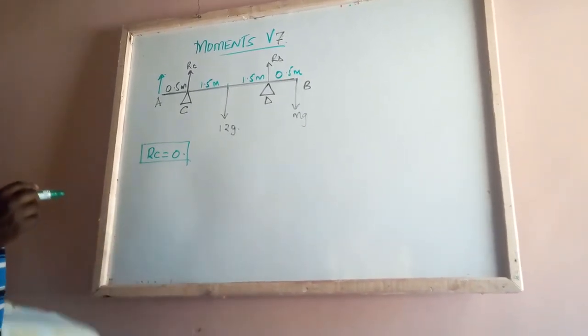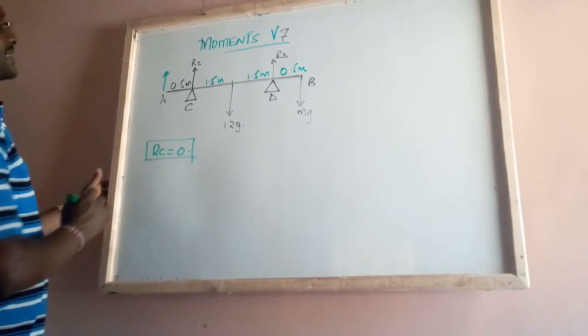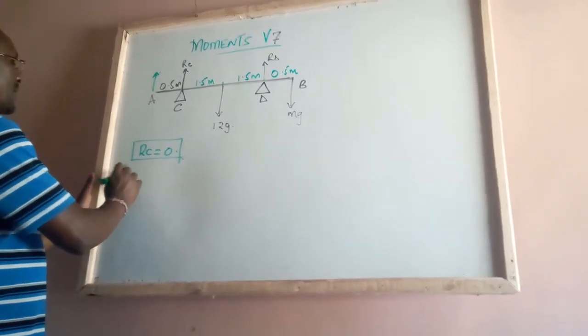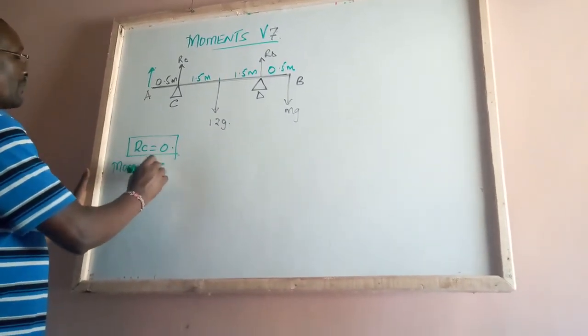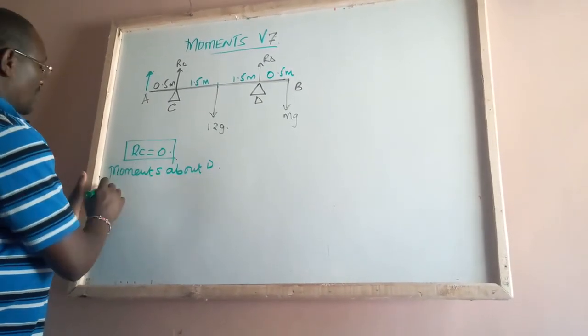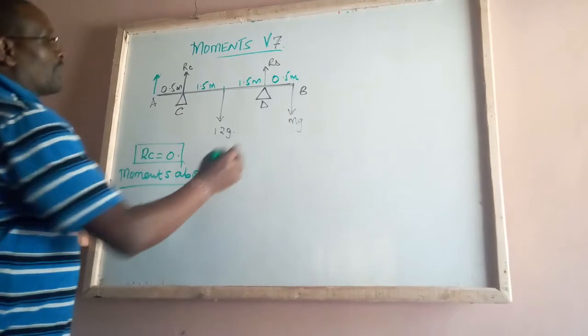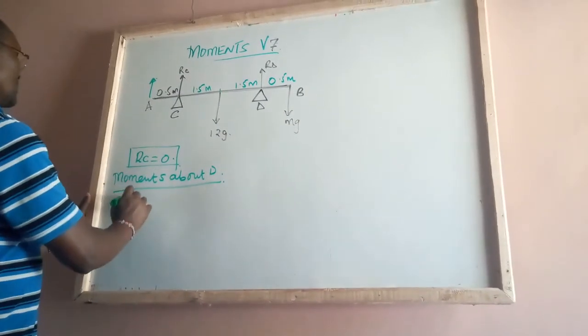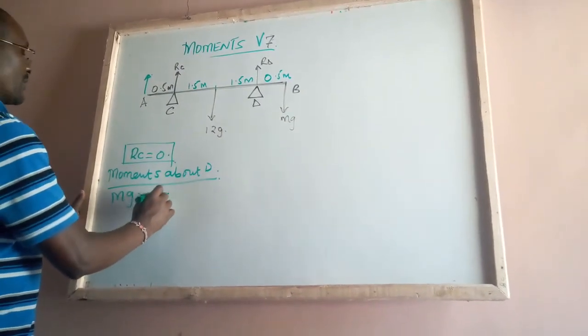Now, at that point, let us take the moments about D. What are the moments about D? Of course, mg times 0.5.